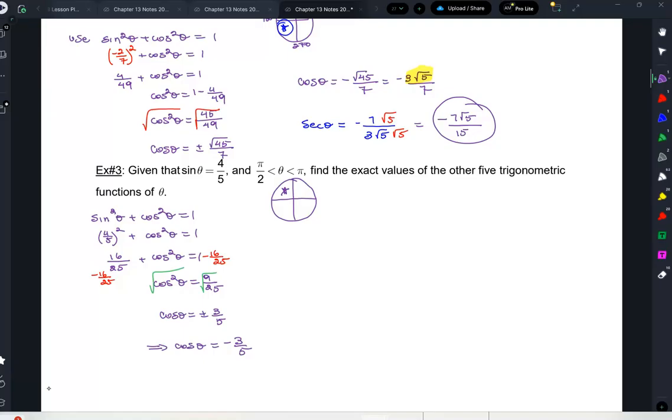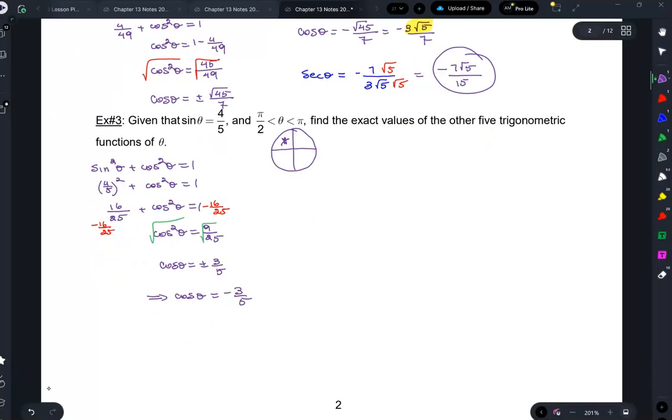Fabulous. So now we have sine and cosine, right? Let's make a list here. Sine of theta, 4 over 5. Cosine of theta, negative 3 over 5. Now, tangent of theta. What we have now is sine and cosine. We want tangent.